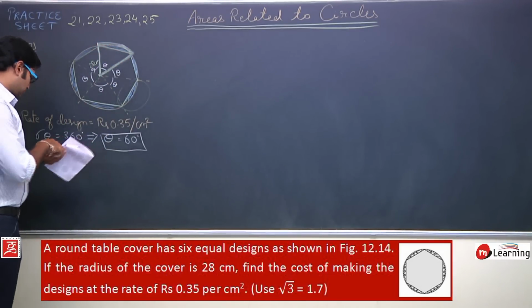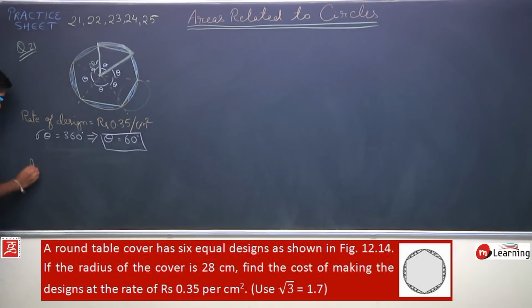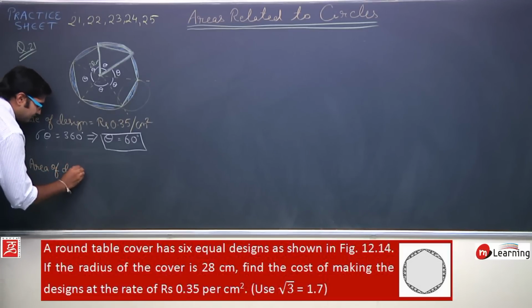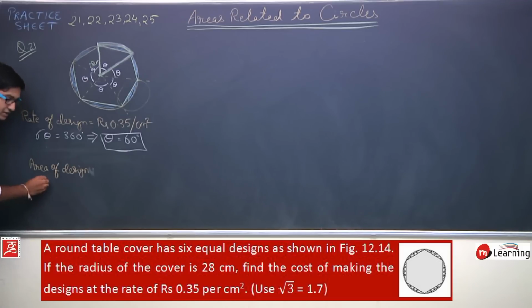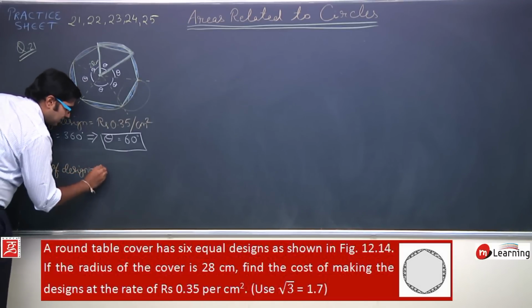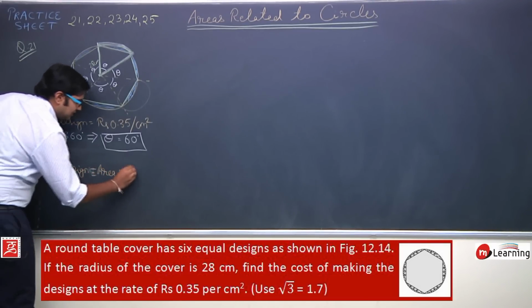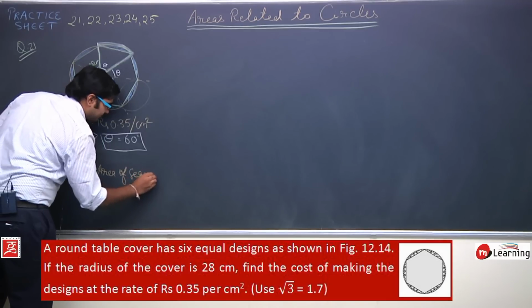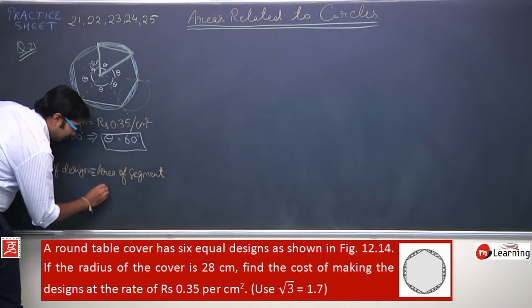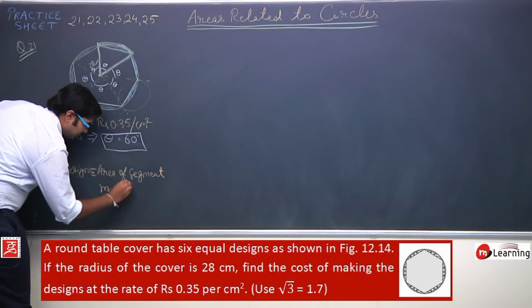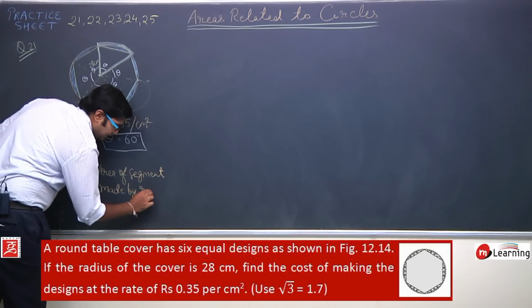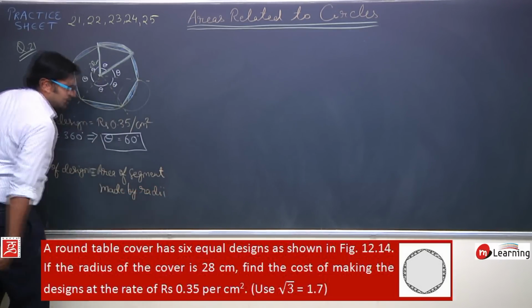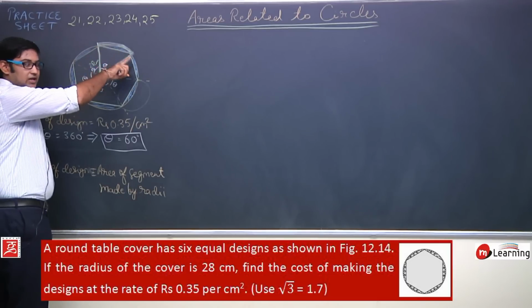So the area of the design simply means the area of the segment made by radii, these two radii.